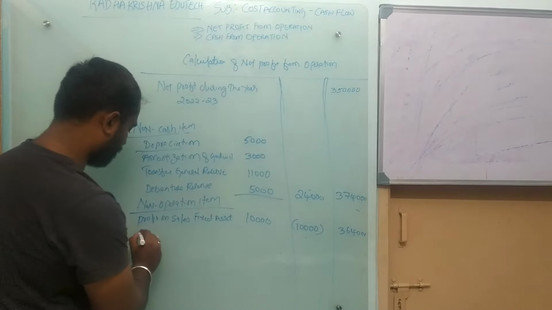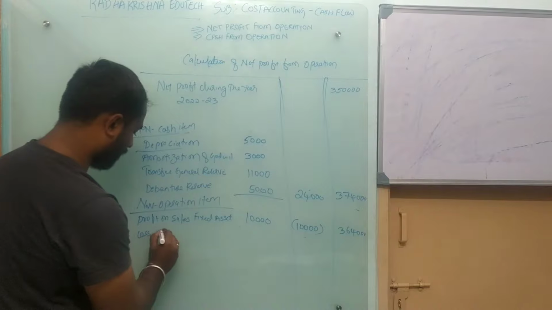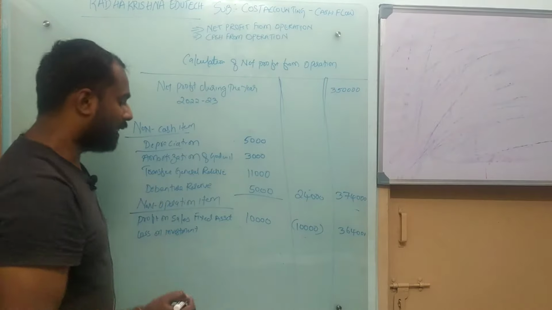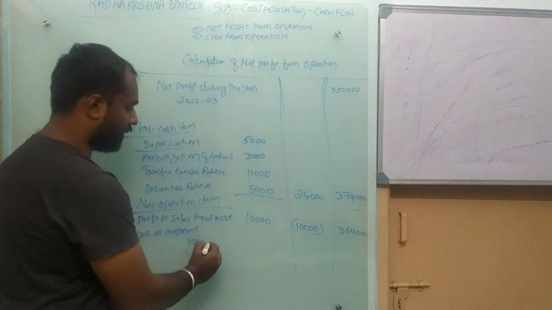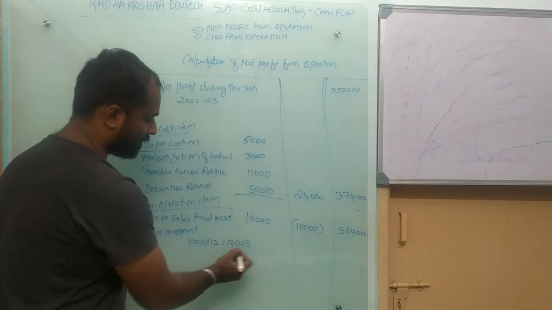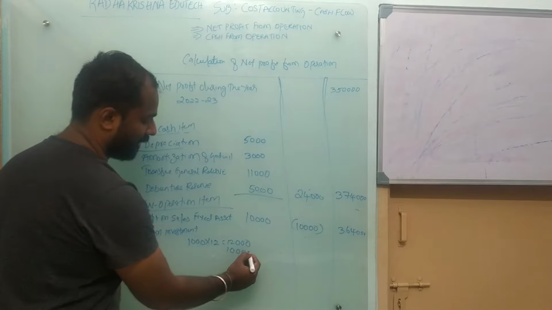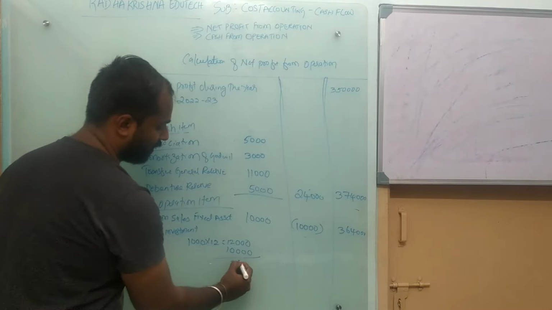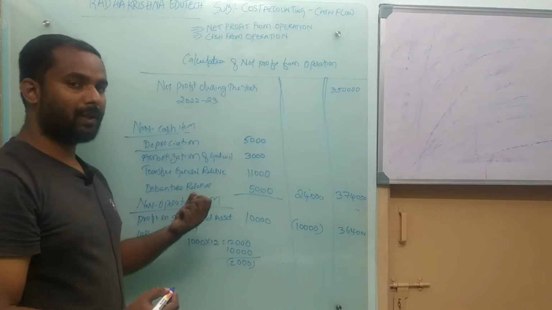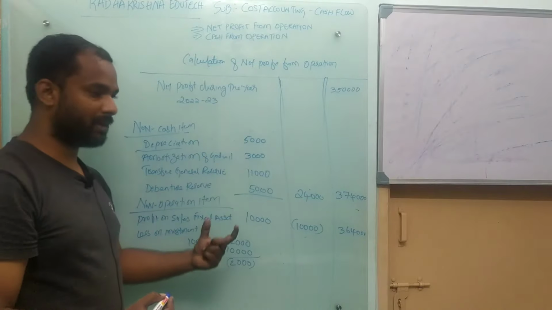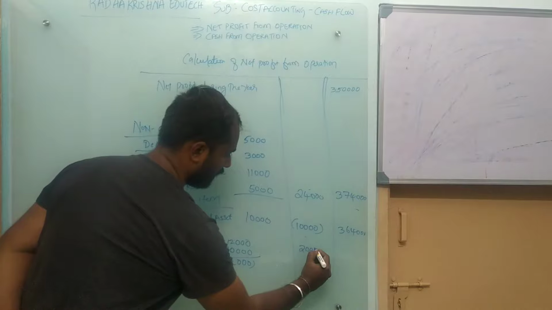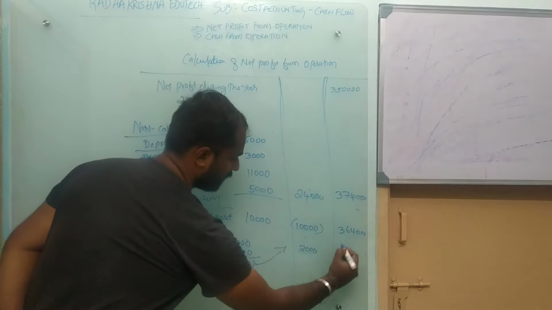Next is loss on investment. I made some investment. For example, every month I gave 1,000 for 12 months into gold, so 12,000. But when I sold it, I got only 10,000 because of market rate fluctuation. So there is a 2,000 loss for me. During the loss, you would have reduced it in net profit, so you have to add it back.